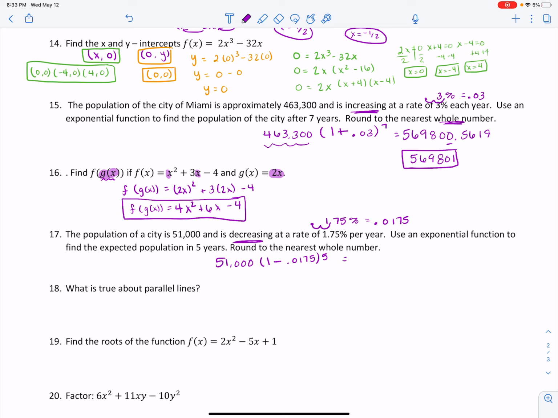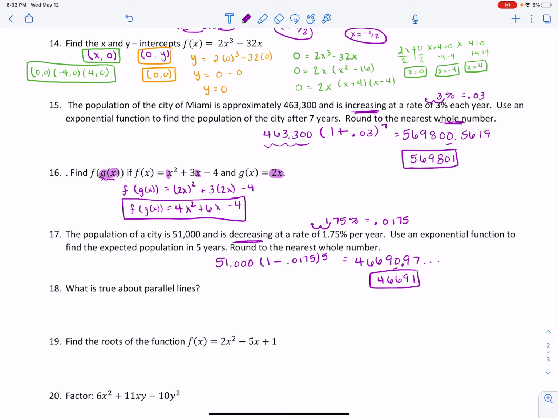So you have 4, 6, 6, 9, 0, 9, 7, and so on. Now we want to round to the nearest whole number, so the 9 will round that up. So 46,691 will be your population after you've decreased at that rate for 5 years.